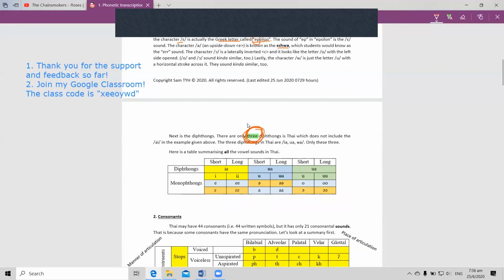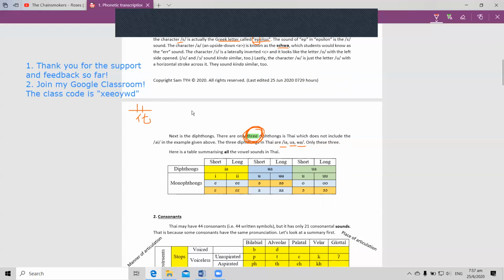The diphthongs in Thai are ear, ua, and one more. One thing to note when you pronounce diphthongs is you need to pronounce both monophthongs in the diphthong with the same amount of time. For example, in Chinese, the word flower, we say hua.